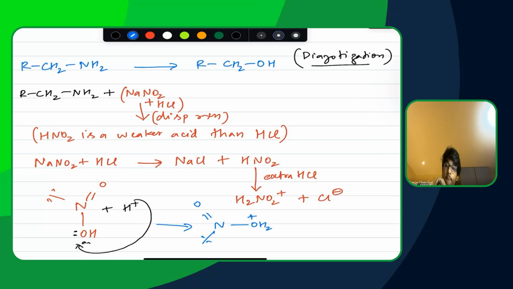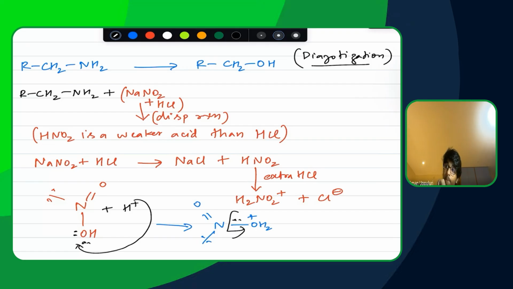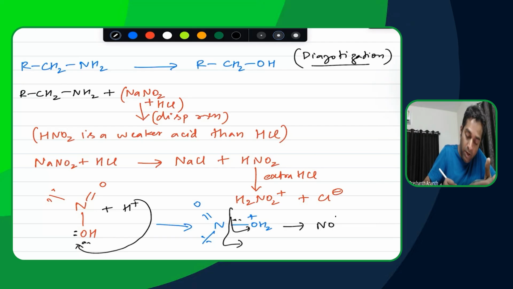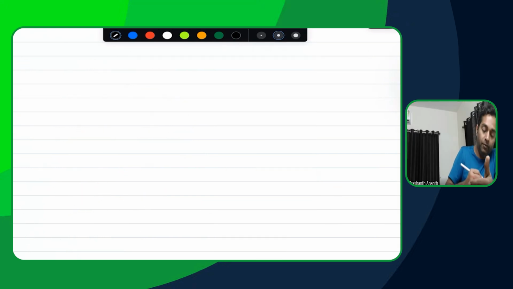So this H2NO2 plus 1, the next step is going to be doing the obvious thing. You'll end up having these two electrons being taken over by this oxygen, and this entire thing will leave, basically forming NO plus and H2O. So H2NO2 plus will effectively break down to give you NO plus plus H2O.